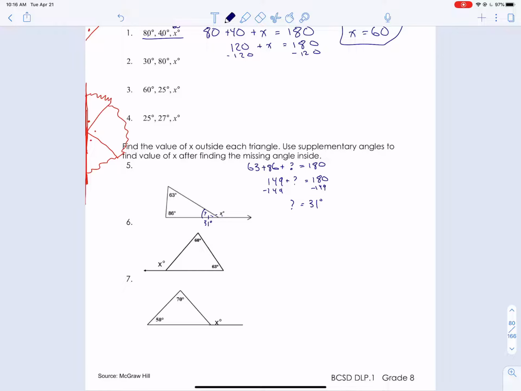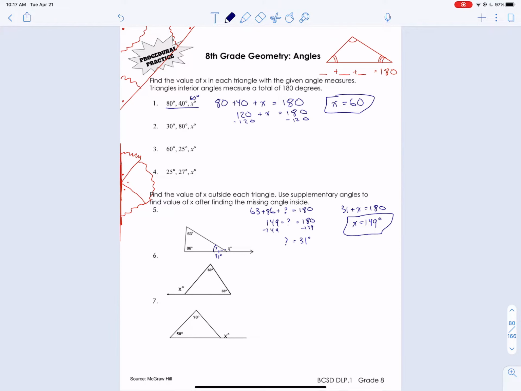Now we can find x. So 31 plus x equals 180. So I subtract, and I get x equals 149. So after you do this a few times, you will see that there is a shortcut, but I'm not going to tell you. All right, so the rest you can do.